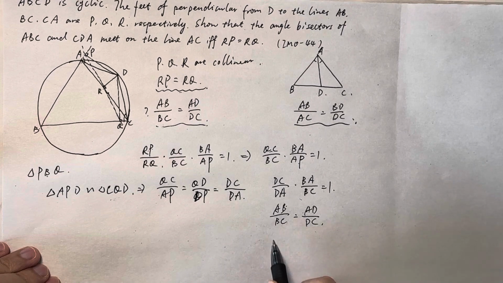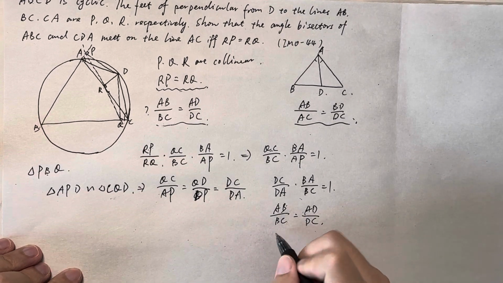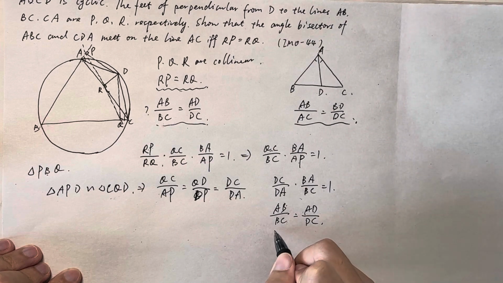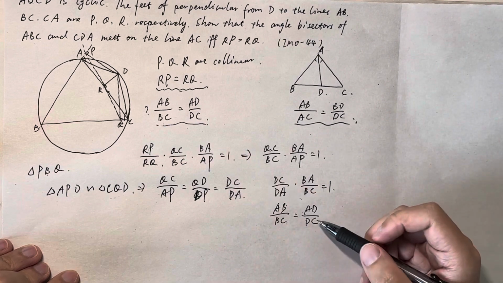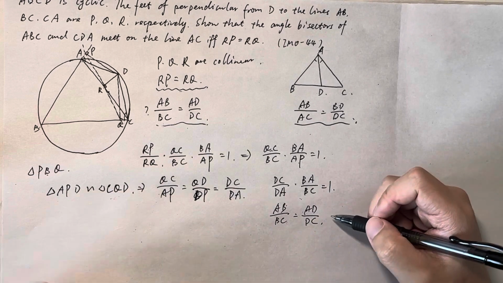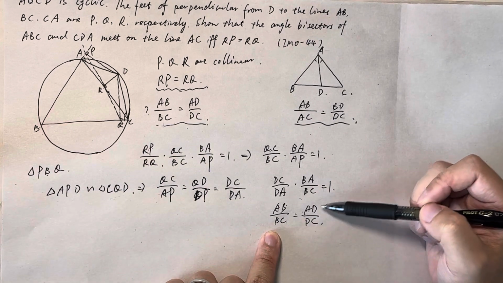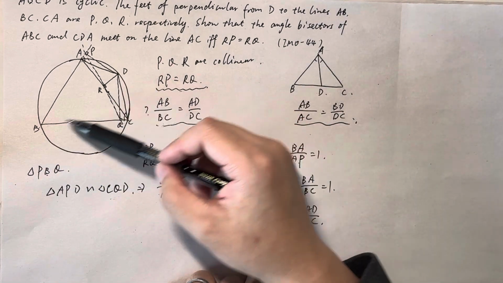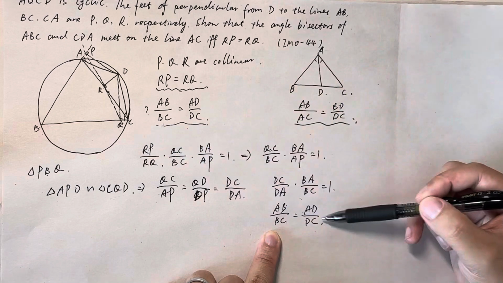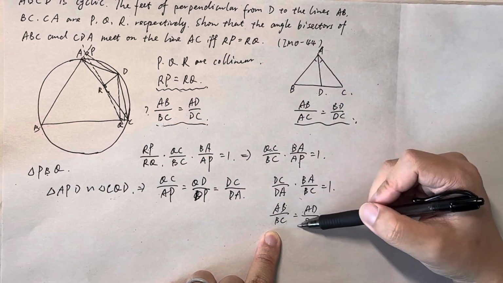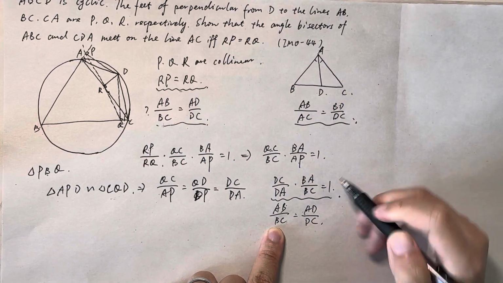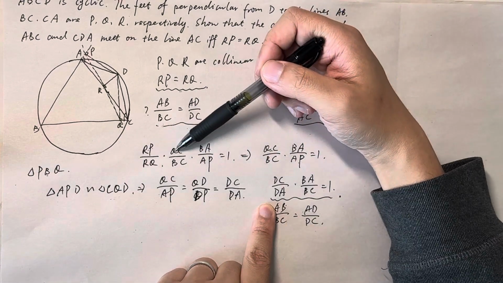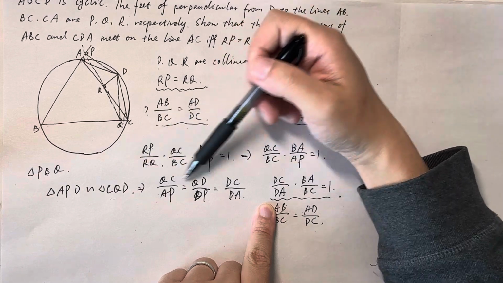And you can see that all of these steps can be reversed, right? If AB to BC equals AD to DC, which means the angle bisector lines meet on AC, this is valid, so we can put it back to here.